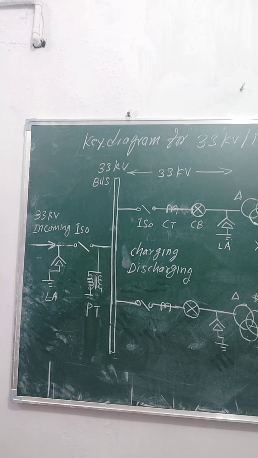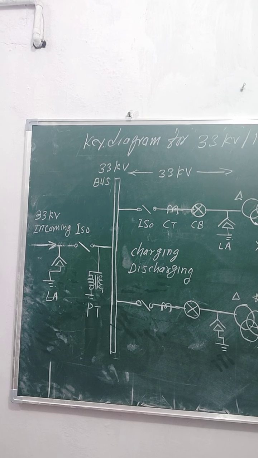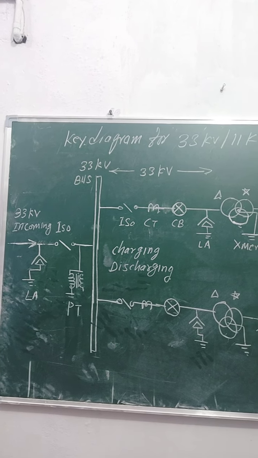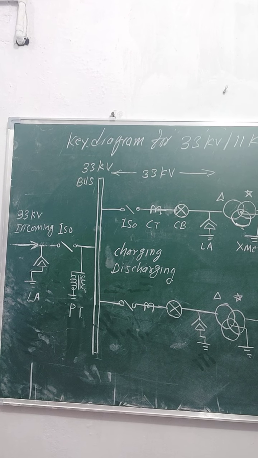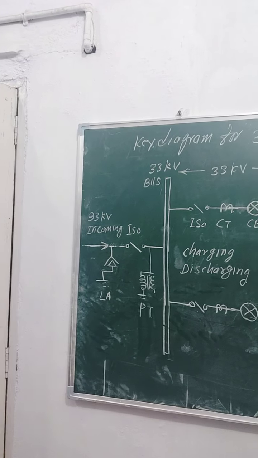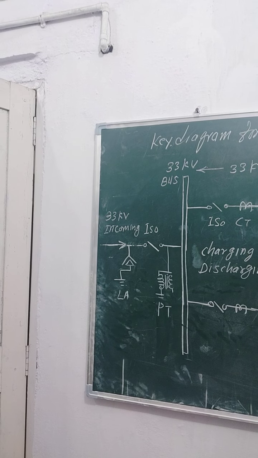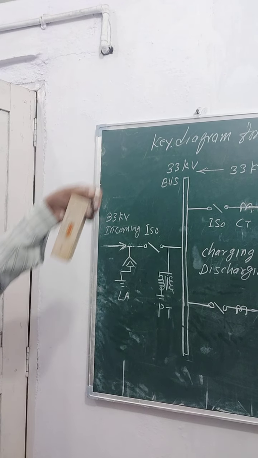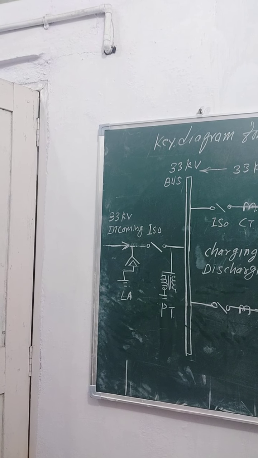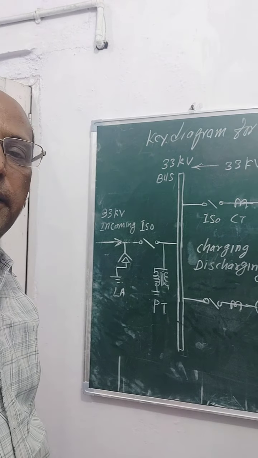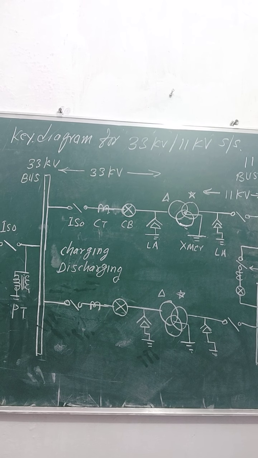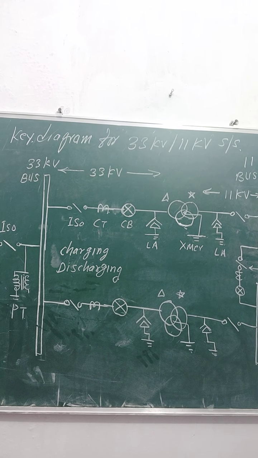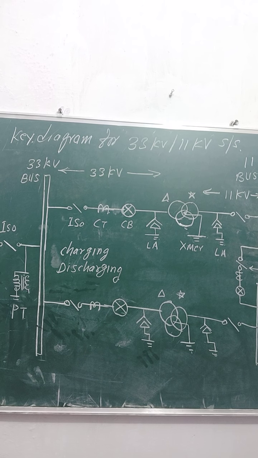This is important to note. First we close the isolator, then we switch on the circuit breaker. And when you want to discharge the substation for maintenance purposes, for any transformer, upper side or lower side, first you open the breaker, then you open the isolator. So you can avoid any type of sparking on load.